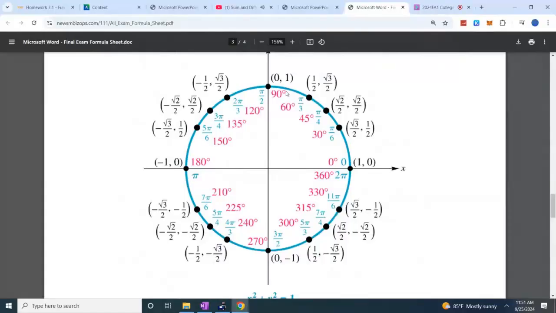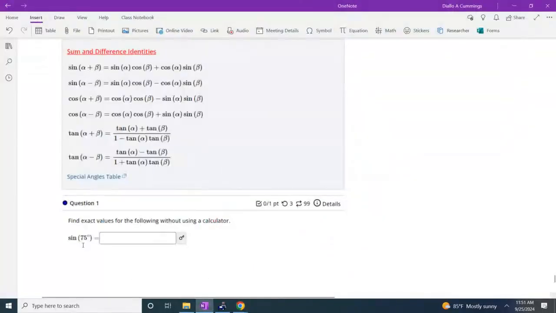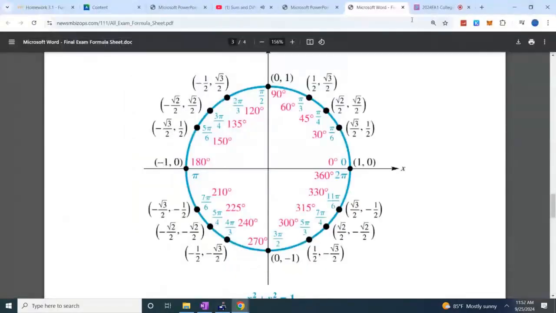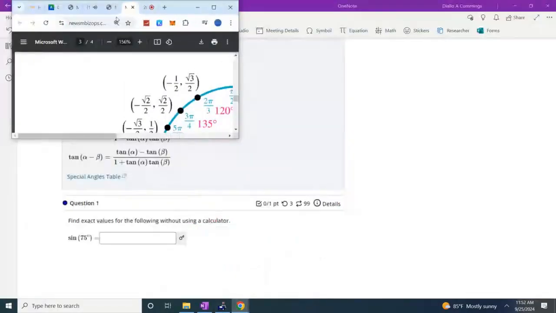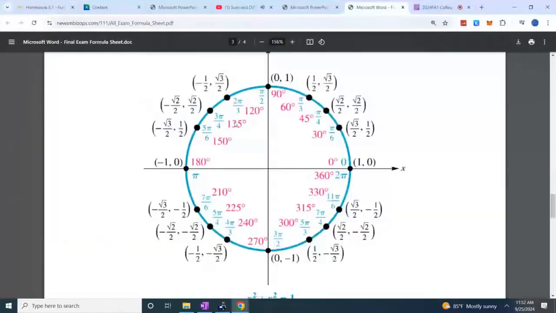I see a 60 and a 90, but no 75. This is where the sum and difference formulas come in. In order to find, let's say, the sine of 75 degrees, I can take any two numbers in the unit circle that I can add to get 75 degrees, or numbers that I can subtract to get 75.